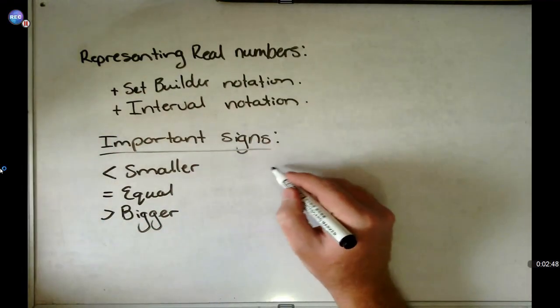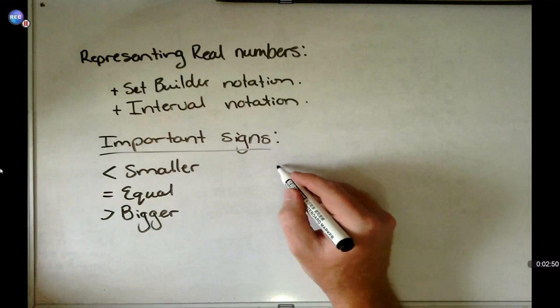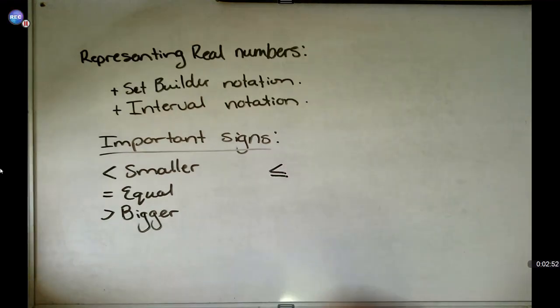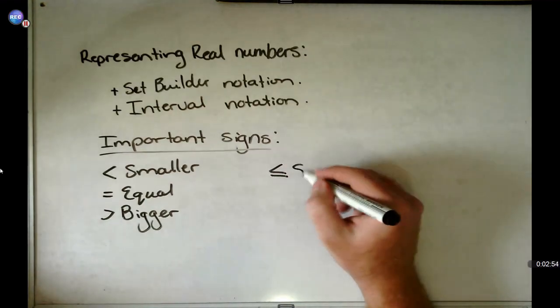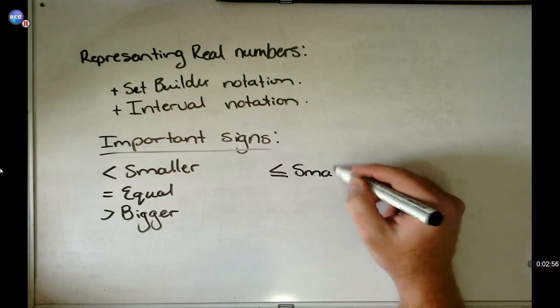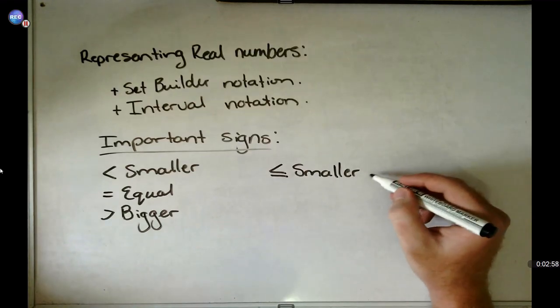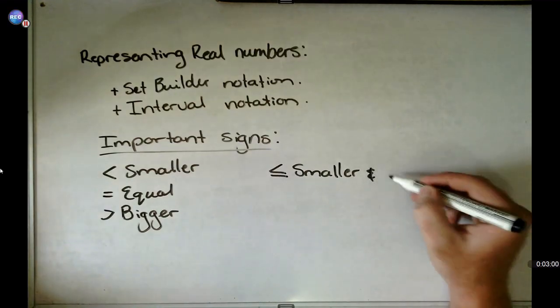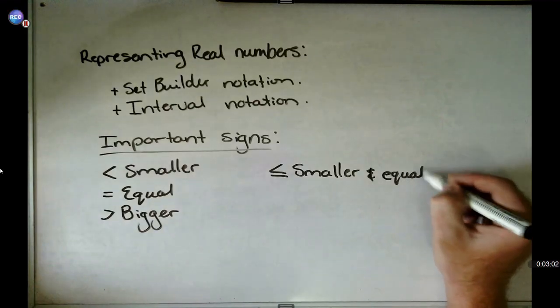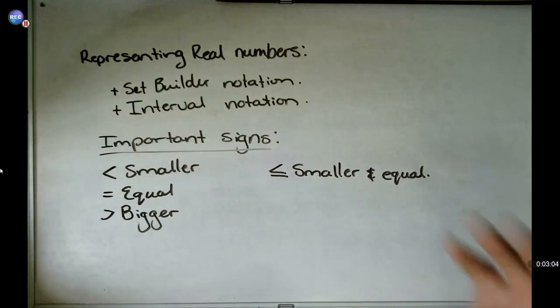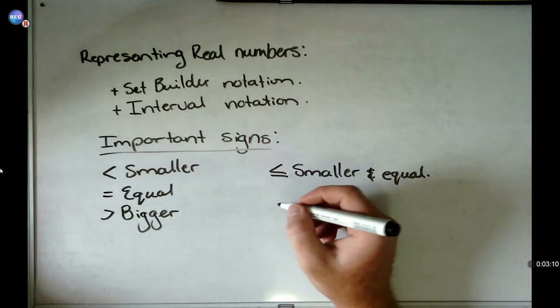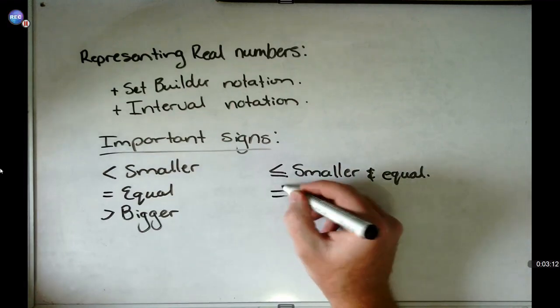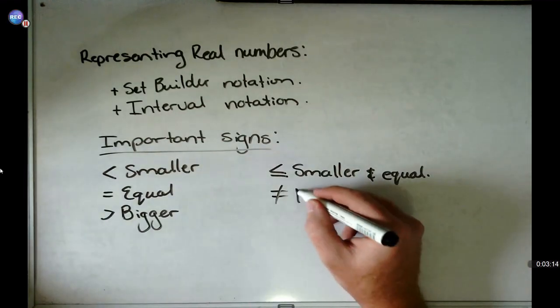Then, with the smaller sign, we've got smaller and equal to. Or you could change out the and and use the word or, so it could be smaller or equal to. Then the next one is the not equal sign.